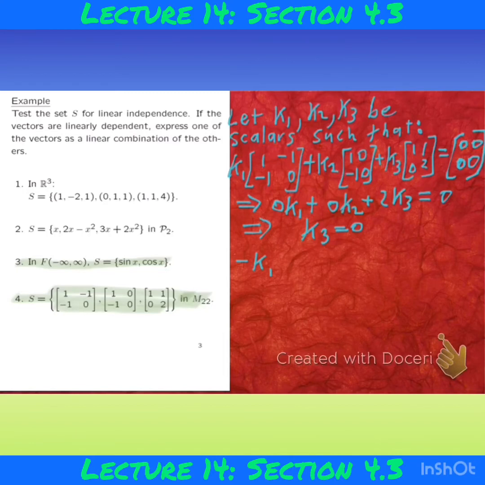So from there we can solve for minus K1 plus 0K2 plus K3, which we know is 0, is equal to 0. So from there, K1 is 0.